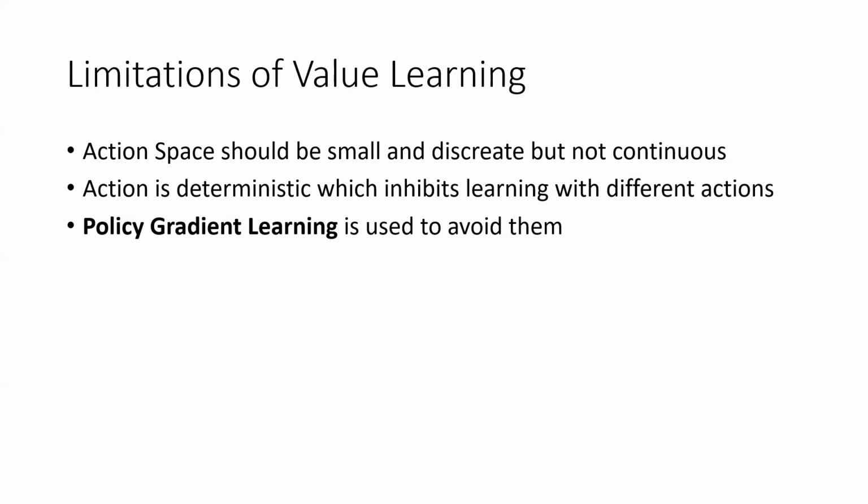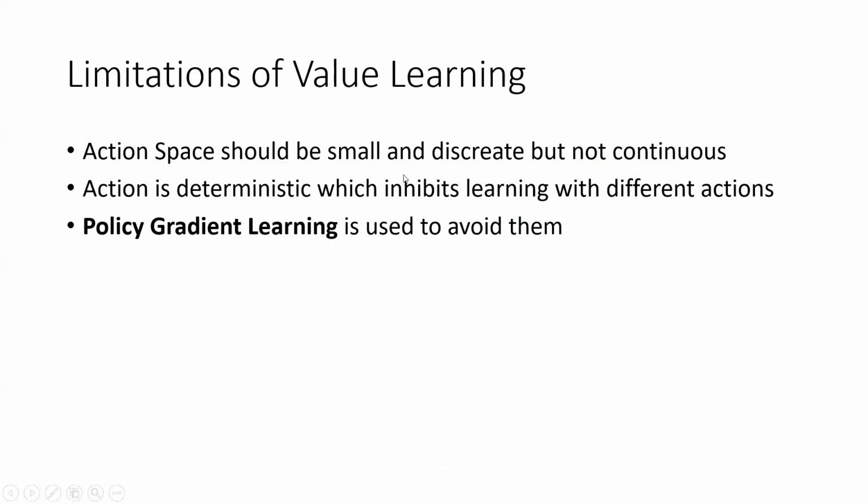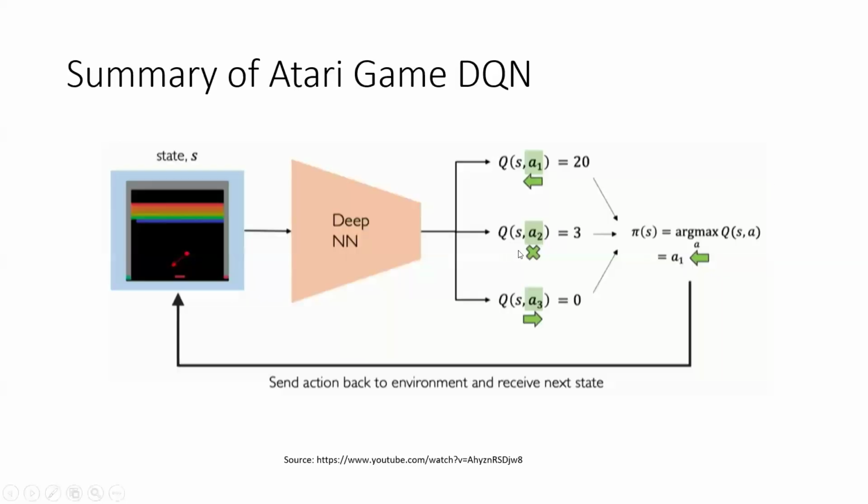So what we have learned up to now with value learning is that each of the actions that you should take are discrete events, right? So either we should move left, right, or stay as it is. And because they are discrete, you can't predict any continuous value from this Q learning algorithm, with this Q function.